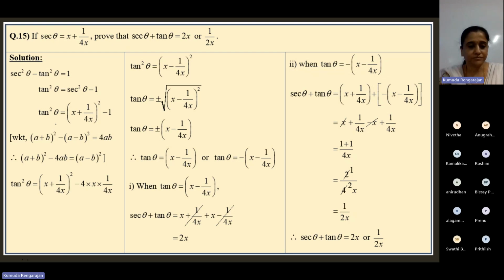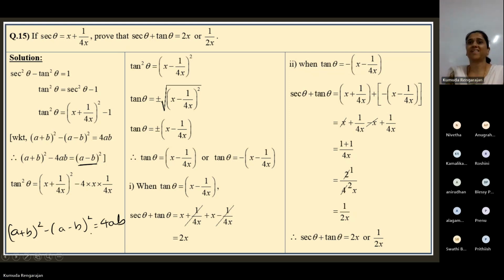Now this is of the form a plus b the whole square minus 4ab. The identity is: a plus b the whole square minus a minus b the whole square is equal to 4ab.